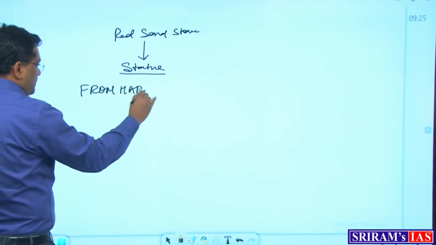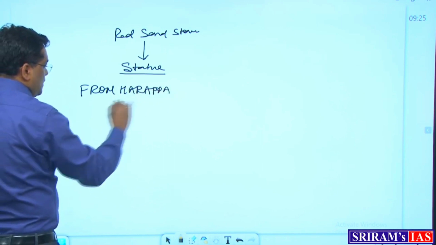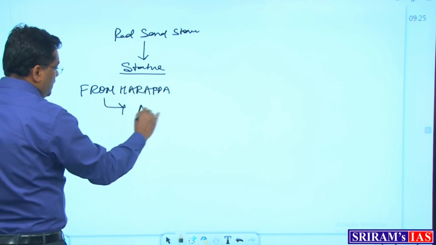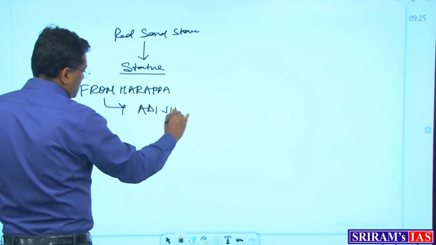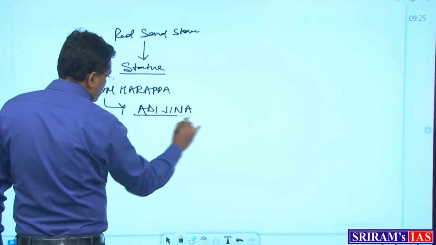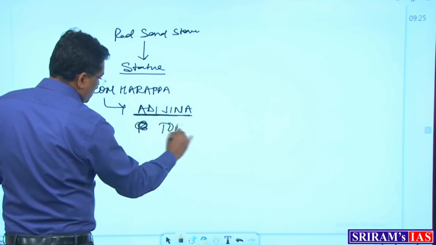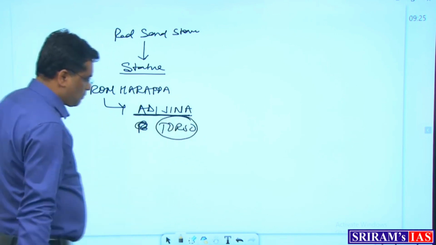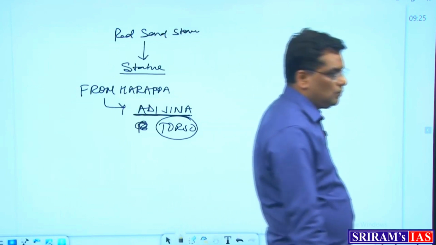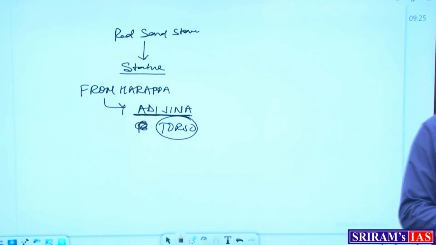From Harappa, we have found the statue of Adi Jina, which is a sandstone torso. Jain religion is older than what we think.